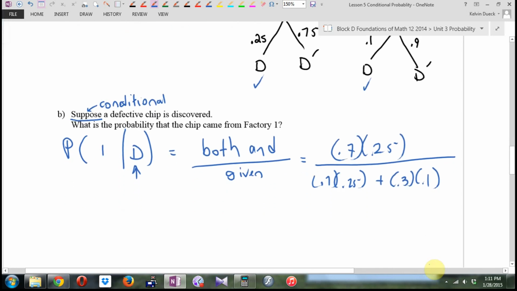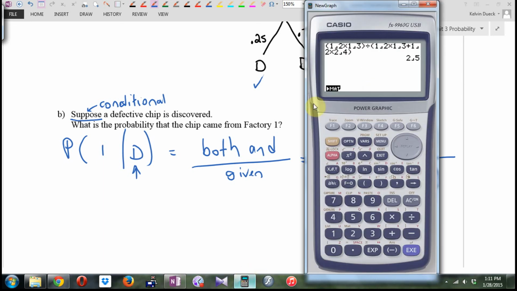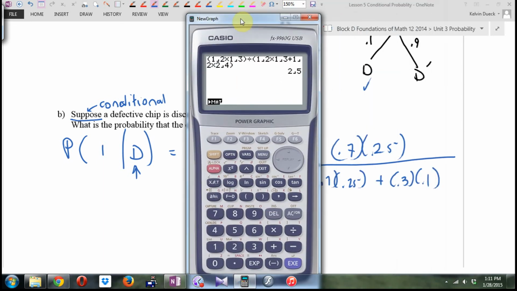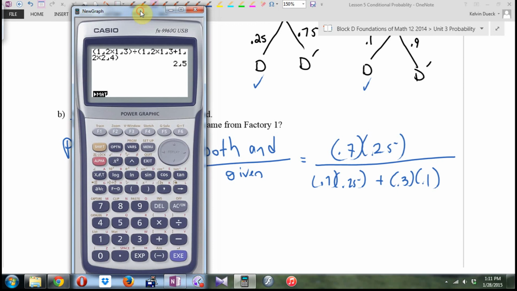That's the probability, if you found a defective chip, that it came from factory 1. Good, crunch that. Now, you're going to have to put brackets around the bottom on your calculator. You're going to go 0.7 times 0.25 divided by bracket 0.7 times 0.25 or 0.3 times 0.1.